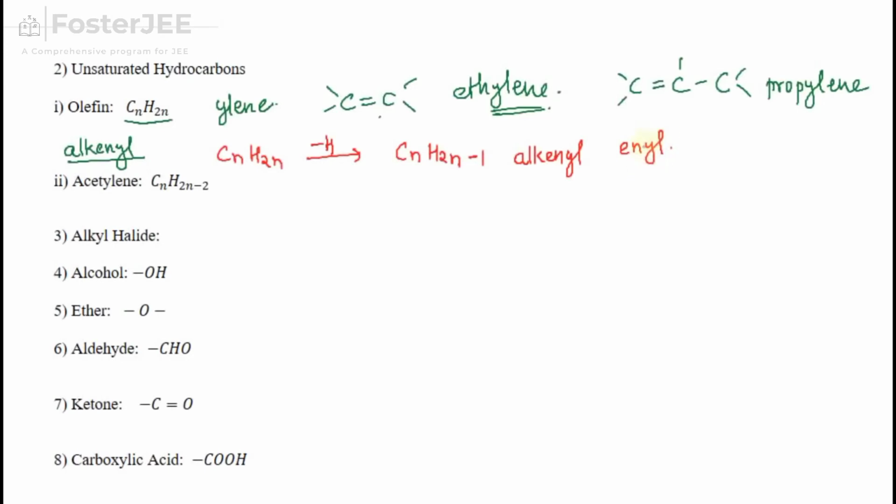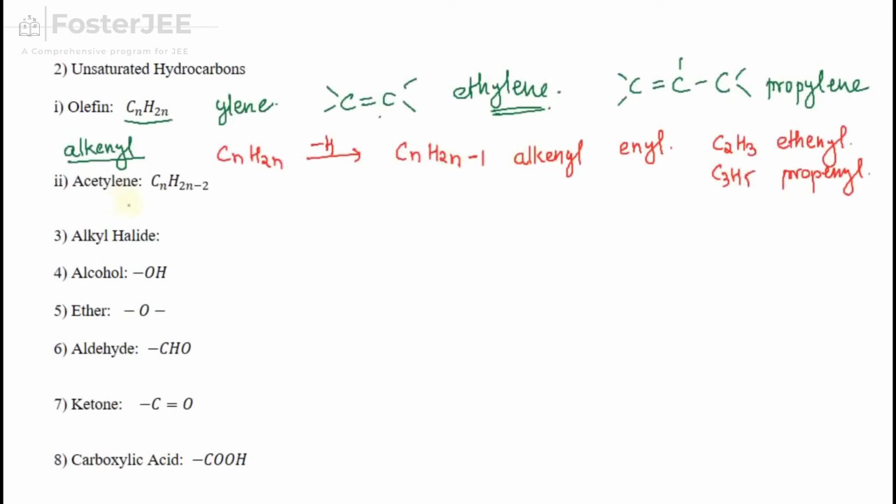So the name of C2H3 is ethenyl. Similarly, propenyl for C3H5. It is also known as vinyl, and this one is known as allylic group.